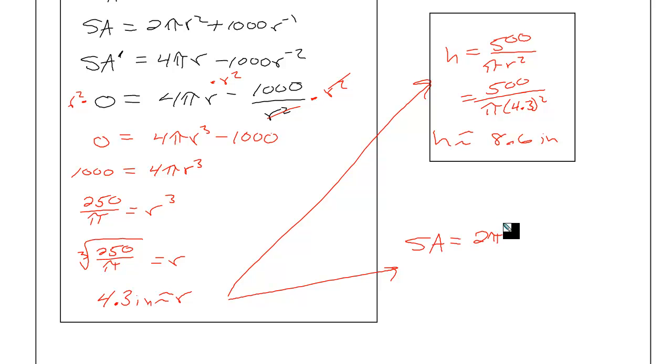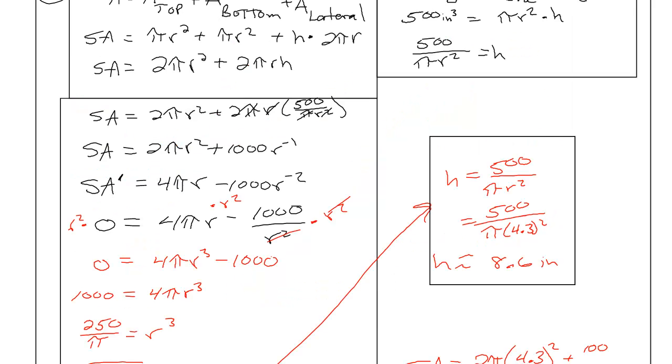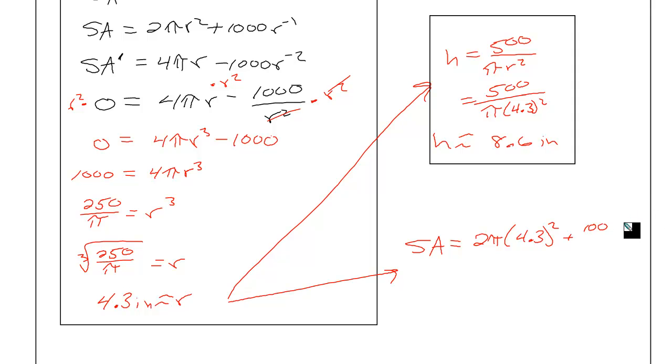Then we have to find the surface area. If we take the surface area formula and plug in 4.3 for the r values, just checking my formula and making sure I'm putting the right numbers in, this ends up being approximately 348.7 square inches.